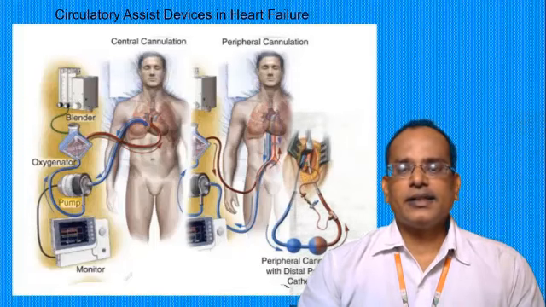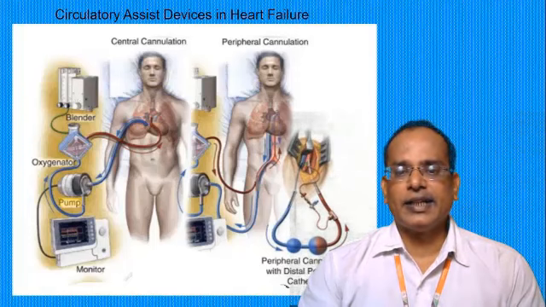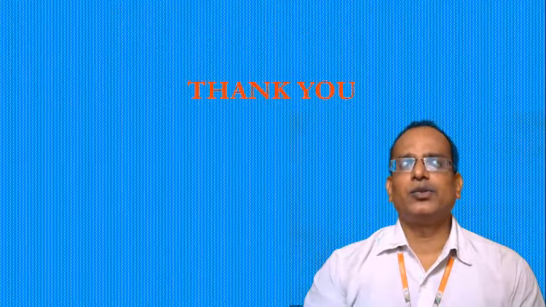In this case, the balloon pump is inflated and deflated in synchronization with the heartbeat. This second one is a peripheral cannulation with a distal perfusion catheter. They have two components.